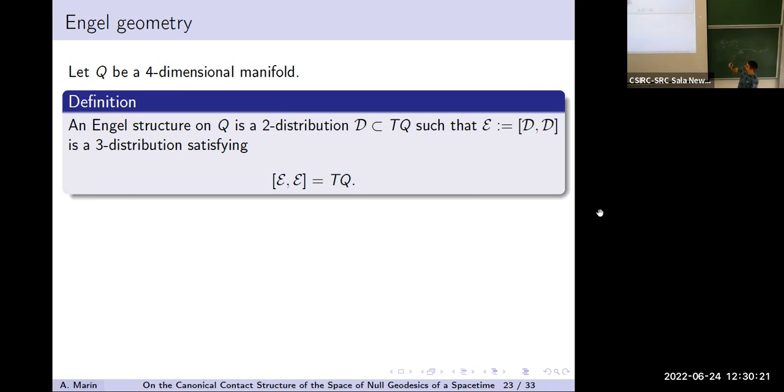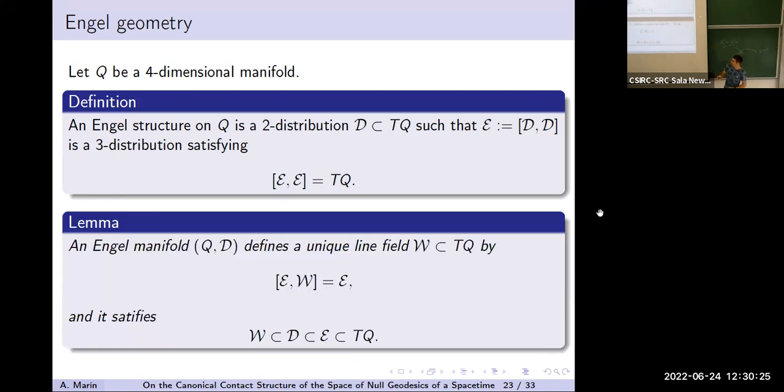Great, so only by this information, one sees that one can actually find a line field, so a 1 distribution, by this formula here, which is not really important. But what's important is that this gives us a complete flag of the manifold.